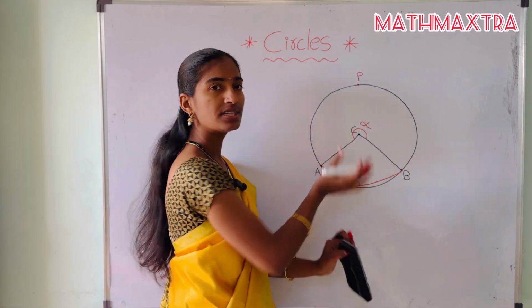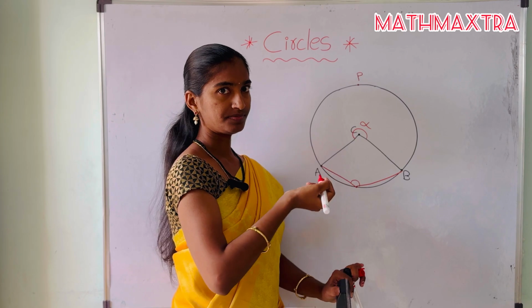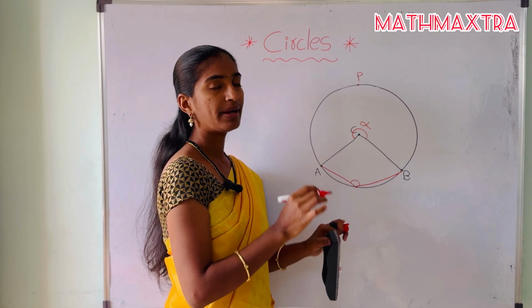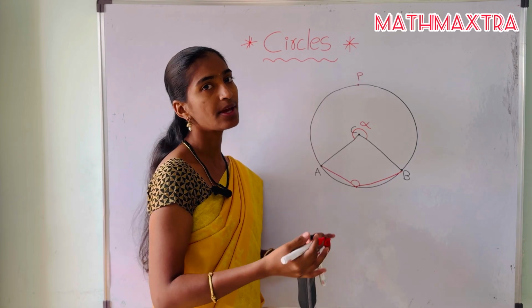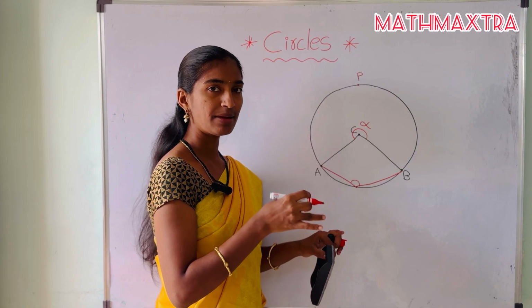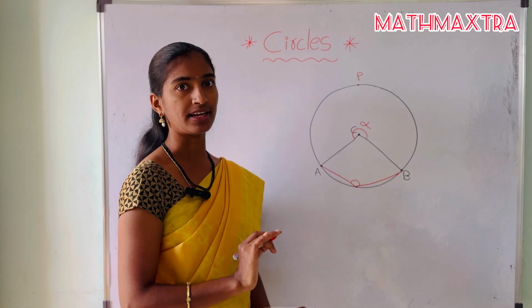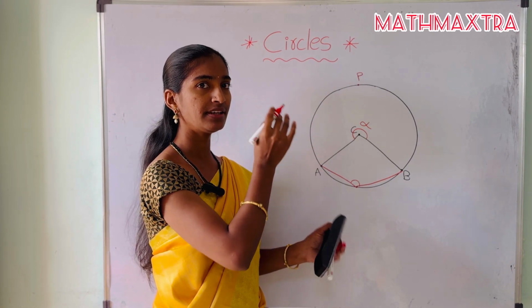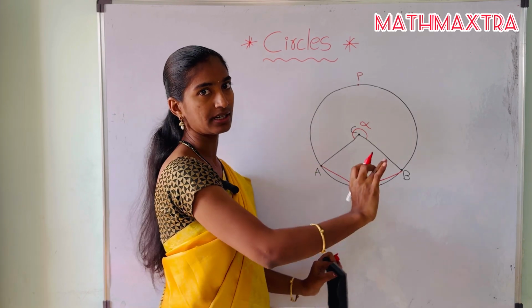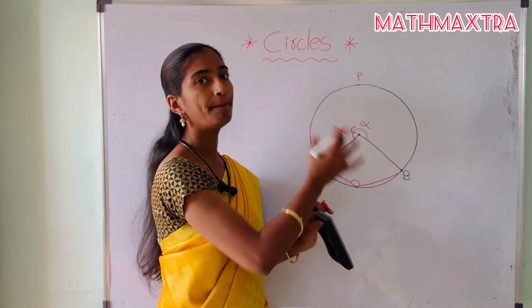Okay. So, what is the relation? The angle subtended by an arc at the center is always twice the angle subtended by the same arc at any other part of the circle. So the same property follows. We saw the first case with the minor arc, and the second case with the major arc.